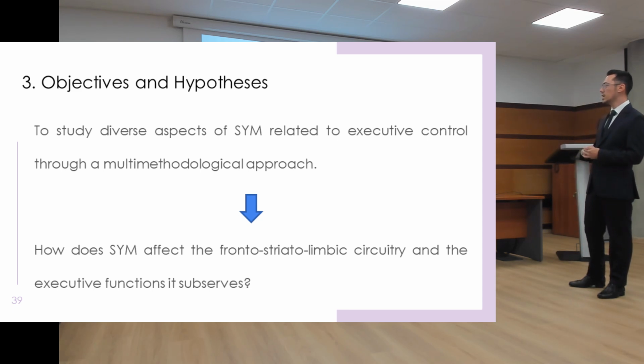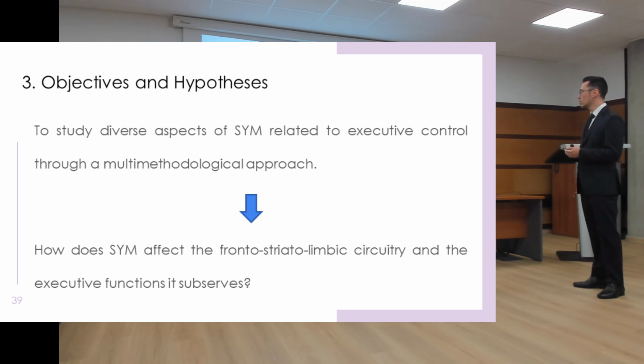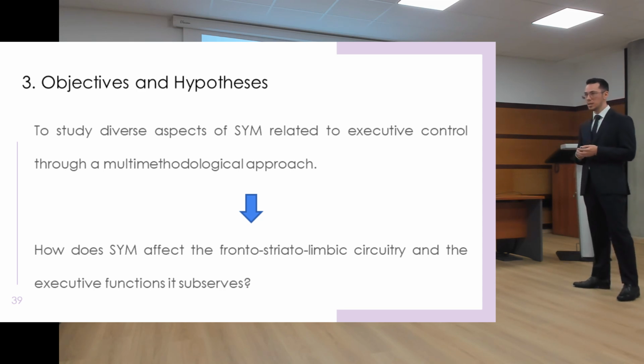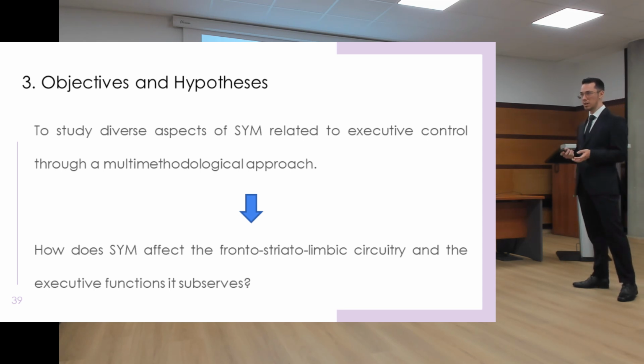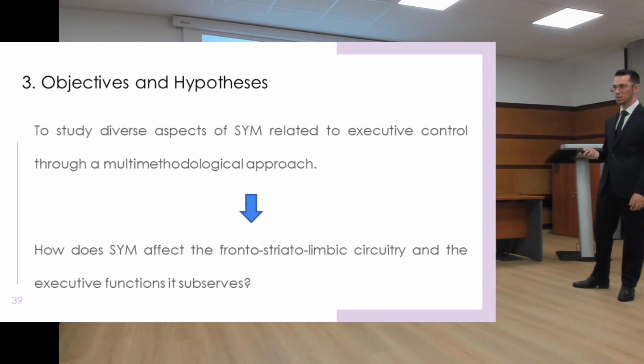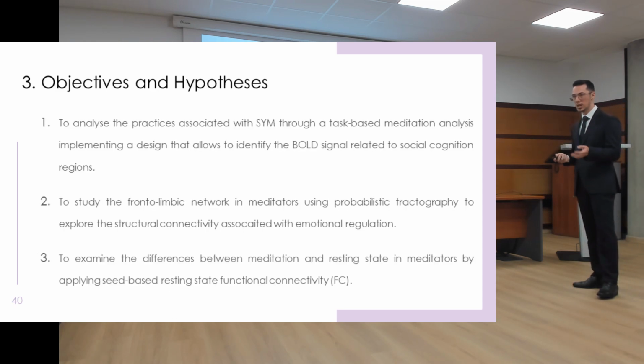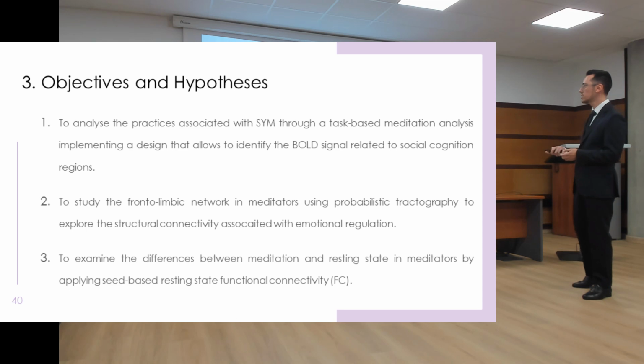So, the general hypothesis of this dissertation would be that Sahaja Yoga meditation affects the fronto-striato-limbic circuitry at different levels, both functional and structural, as well as the executive functions in subcells. So with this idea in mind and the outline of the research, we can also define specific objectives.